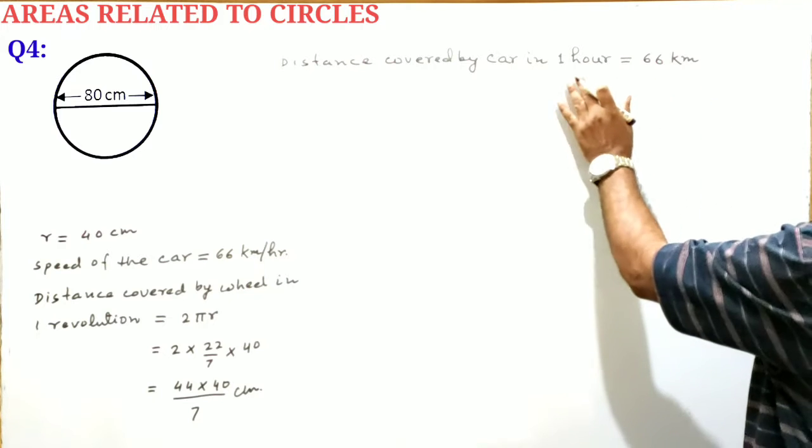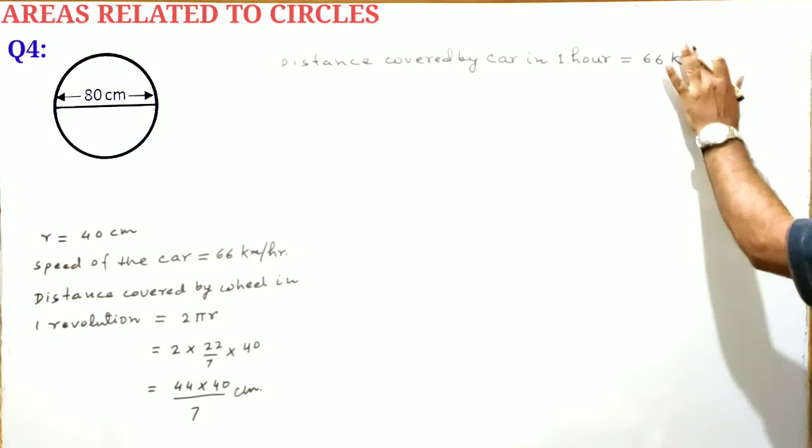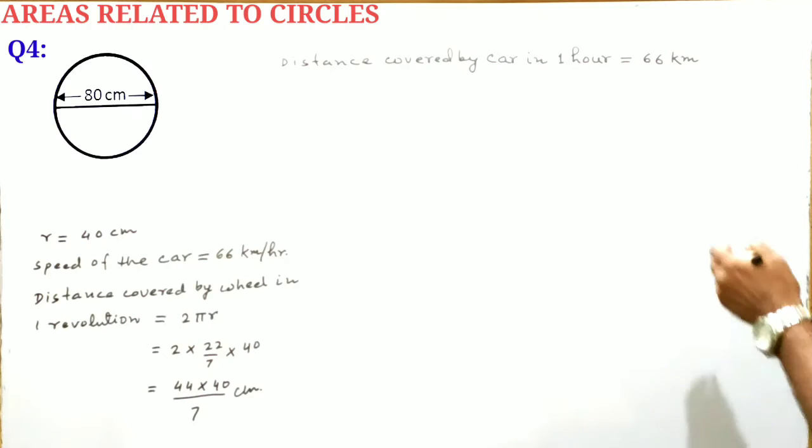So in 1 hour car will cover 66 kilometer of distance.